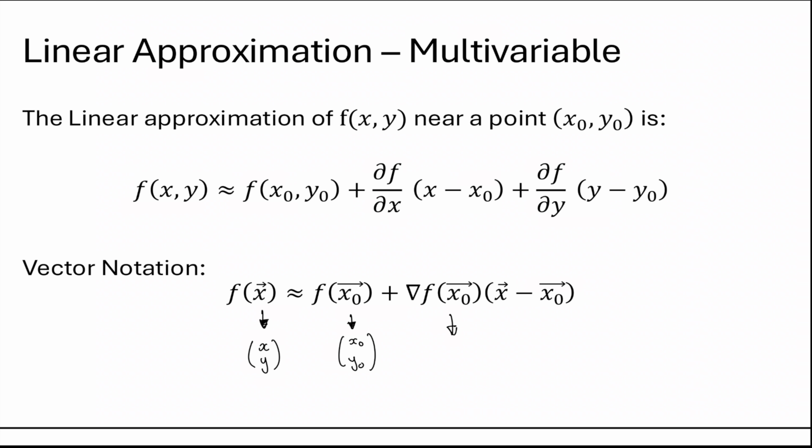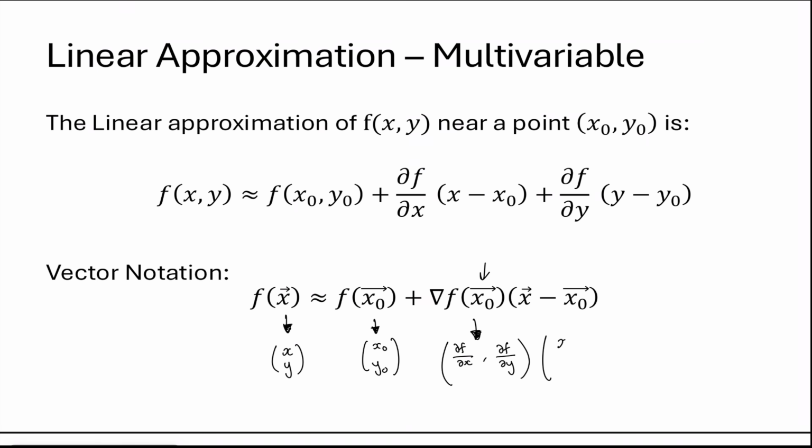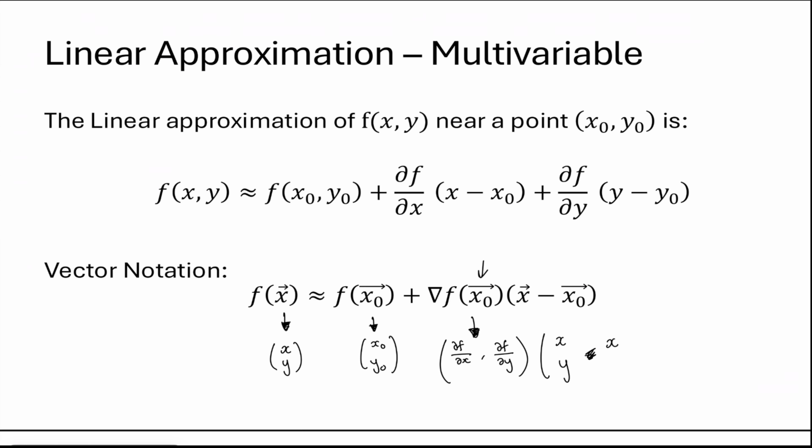Then over here we've got the gradient vector, which is just the partial derivatives, and we are substituting in this vector into these partial derivatives, and we're multiplying that by the vector x, y minus x0, y0. Cool. So this is the exact same thing represented in a vector form.